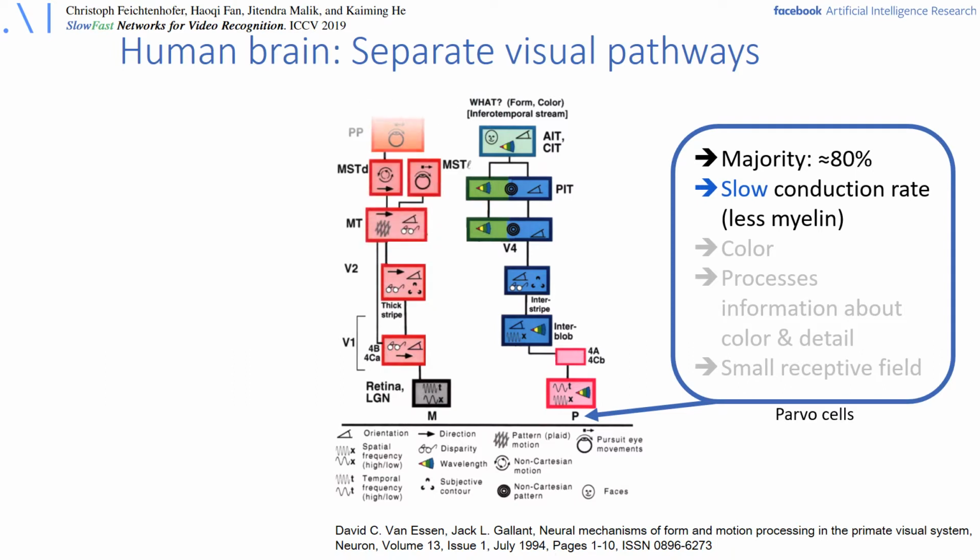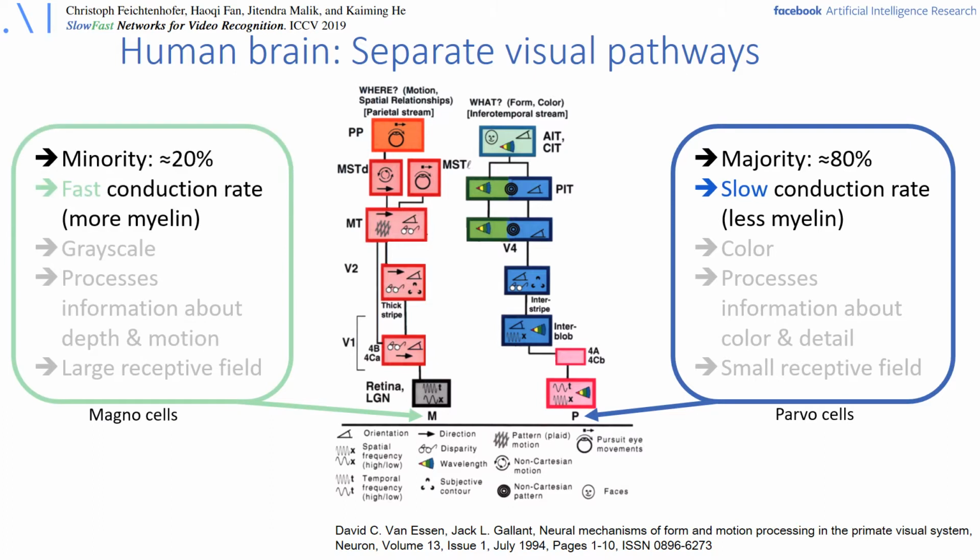The dorsal or "where" pathway, on the other hand, is responsible for motion recognition. It builds upon magno cells, M cells, and these cells amount to less than just 20% of the cells in the retina and can only process coarse grayscale information. However, they operate at a fast refreshing rate. Notably, we also see lateral connections between the 2 pathways.